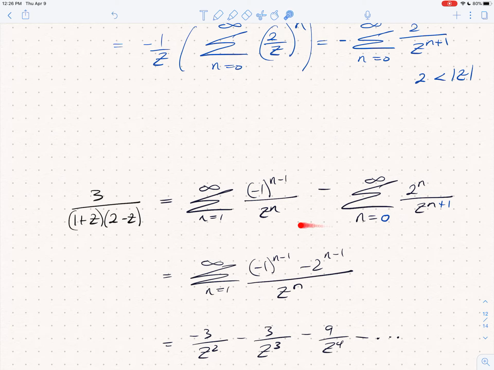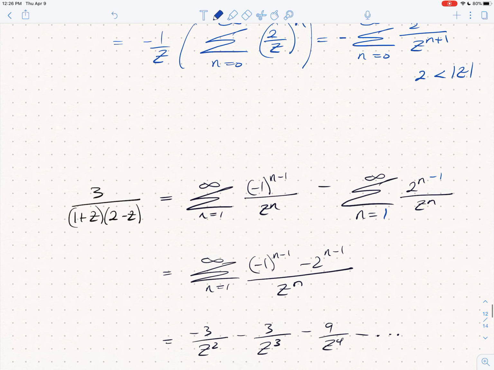If I wanted to combine these two series together, I have to reindex this one to 1 like I had. Let me do that now. I'm going to put it back. If you wanted to reindex this to 1, you can do that. And this is 2 to the n minus 1 over z to the n. Let me check. This is the same. Yeah, we're good to go.